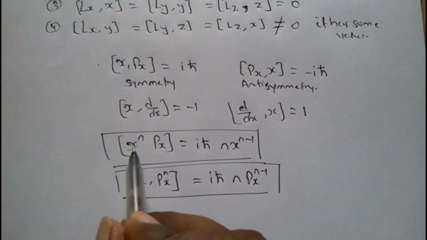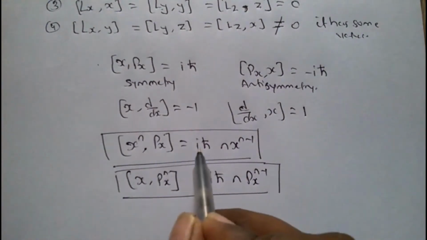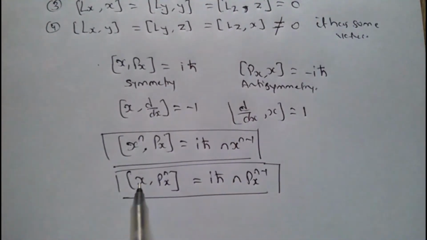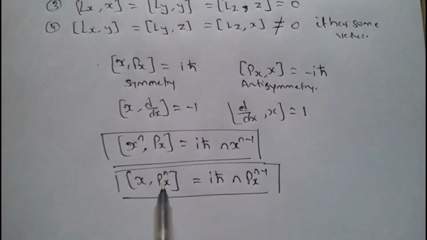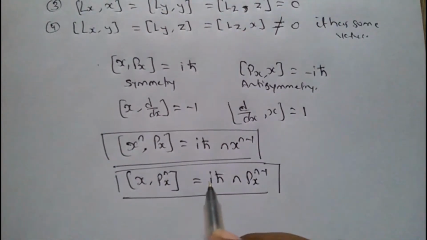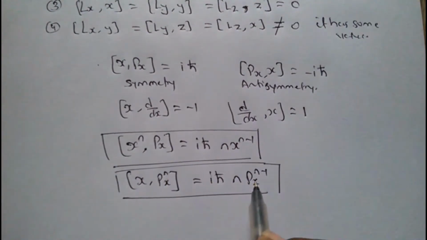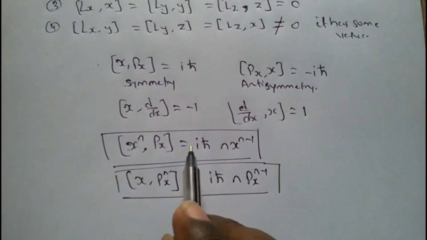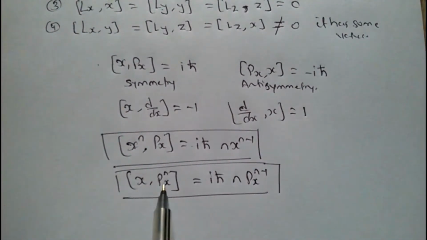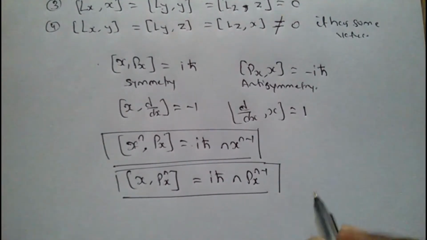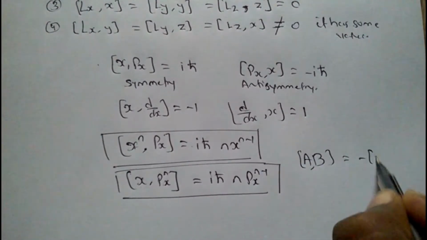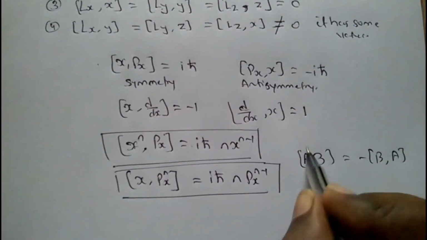When we change the position of this, there will be a minus, because AB equal to minus BA.